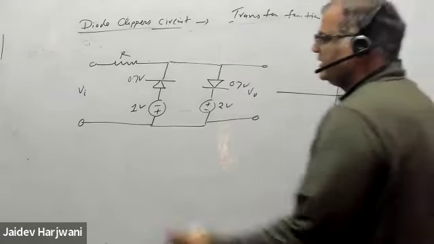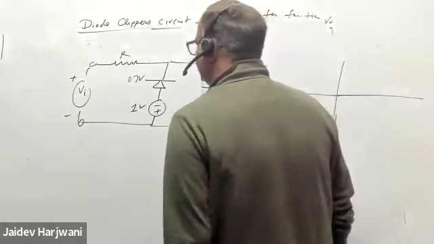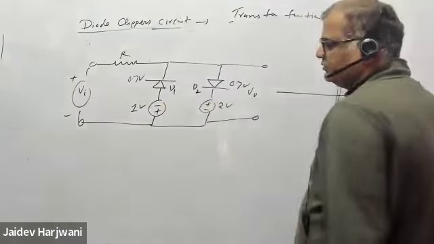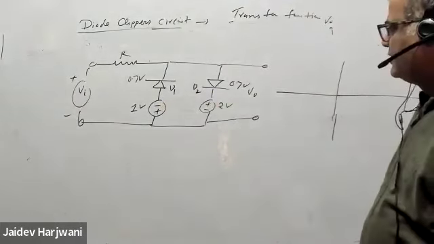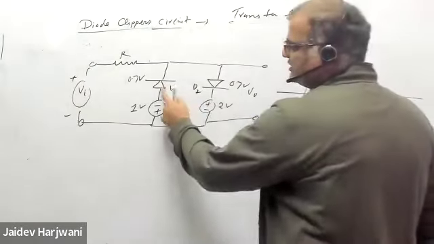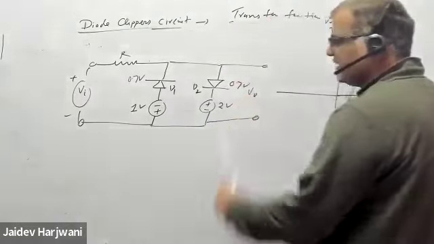So here I'm applying V input, plus minus. Say this diode is D1 and this diode is D2. Diode D1 is reverse biased by 1 volt and diode D2 is reverse biased by 2 volt.